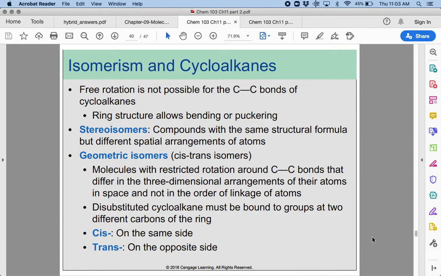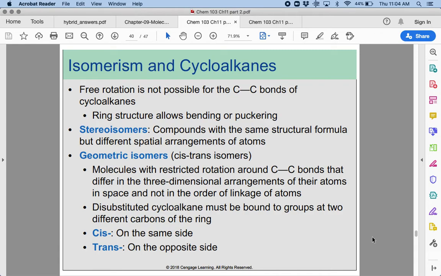So, because of these conformations that we see in rings, it's not like the free rotation we see in a normal or branched alkane, right? We know that, like the wagon wheel, they can rotate freely.